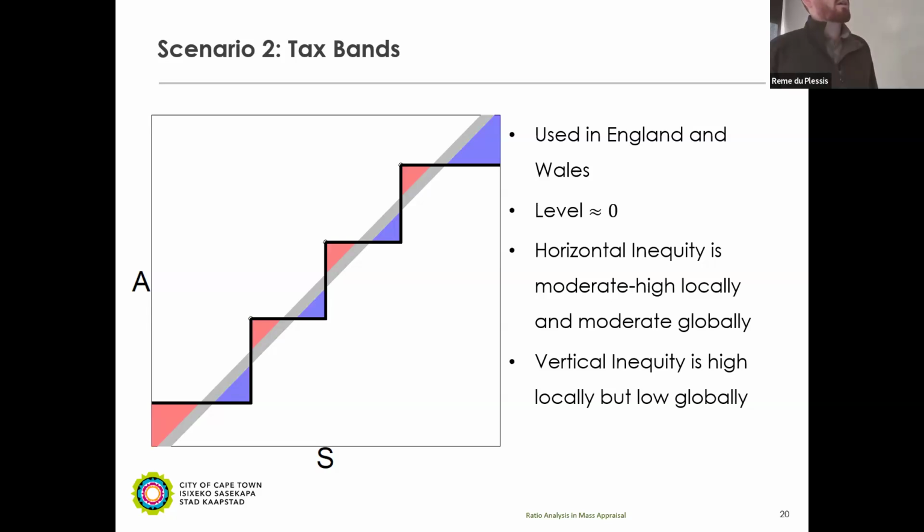That means that within each of your bands, you are going to have an overvaluation of the cheaper properties, so they will pay more rates than is fair, and undervaluation of the more expensive properties. So here you would see that your vertical inequity globally, so that price-related bias, would be very low. You don't show much bias, but in each of the markets, you have quite stark price-related bias there.